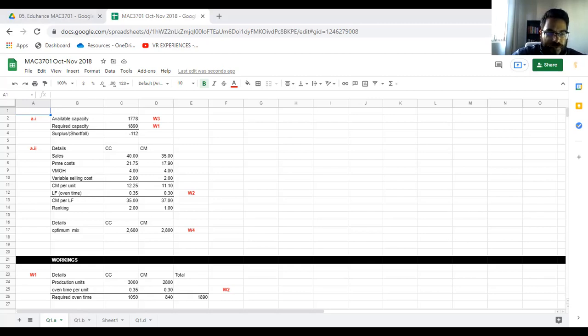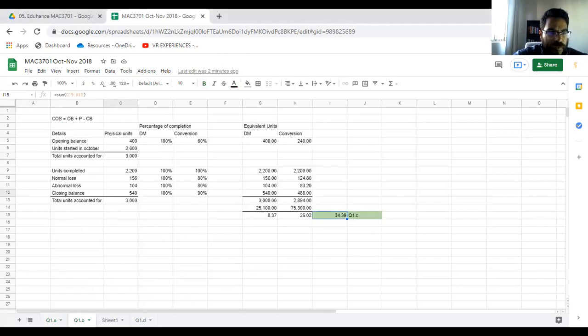Okay, so if we go to 1.B, here we have the normal loss and abnormal loss. So therefore, we have 260 units of broken biscuits. Remember that we're working in physical units.